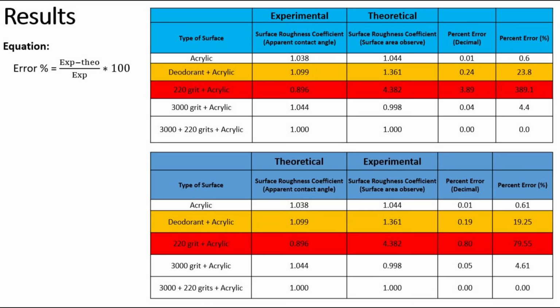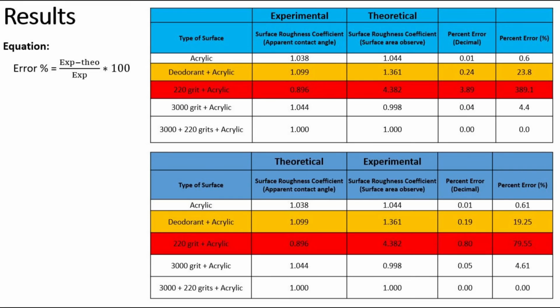In the bottom table, I have the same idea, but instead I used the experimental value as the surface area observed, and I had my theoretical value as the apparent contact angle approach.